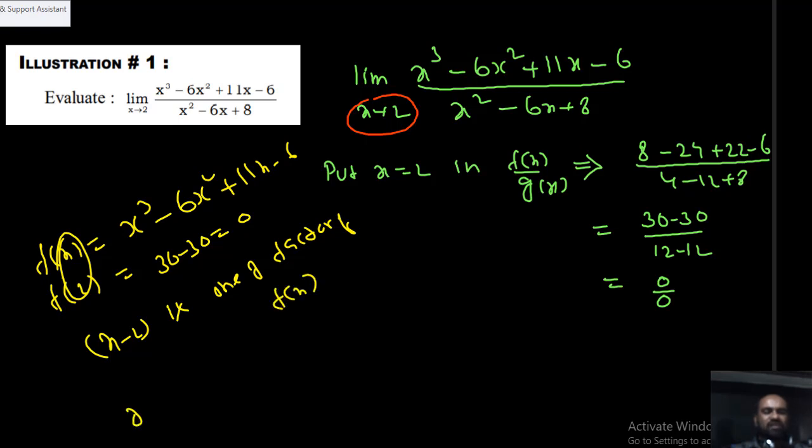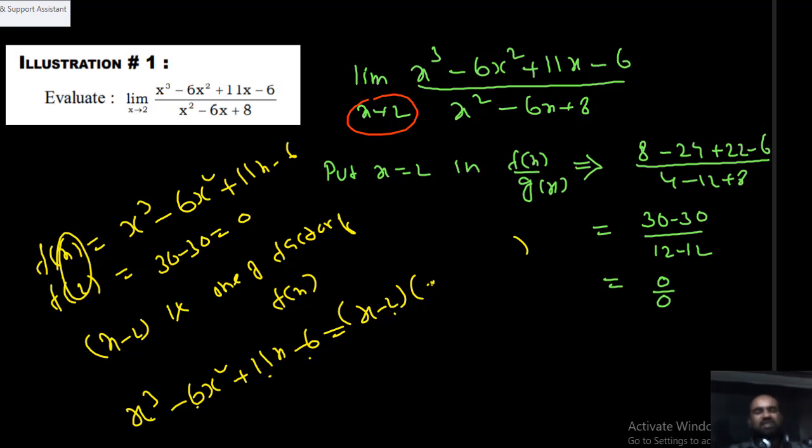So what is the meaning of that? x cube minus 6x square plus 11x minus 6 should be equal to x minus 2 into some second degree term. So how will we get the second degree term? Just divide x cube minus 6x square plus 11x minus 6 by x minus 2. What we will get is the quotient, that is the second bracket.